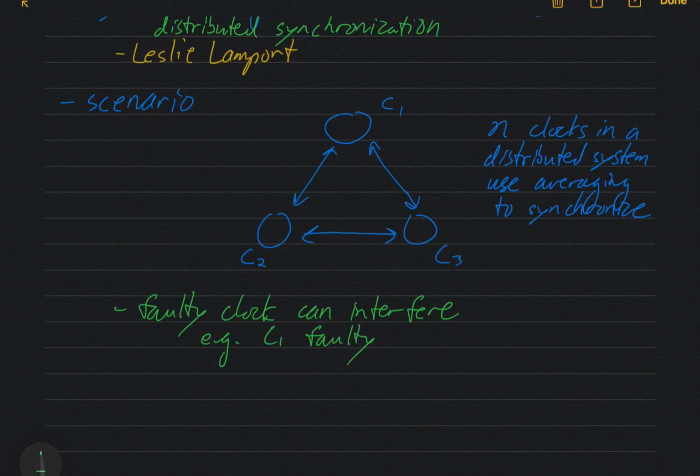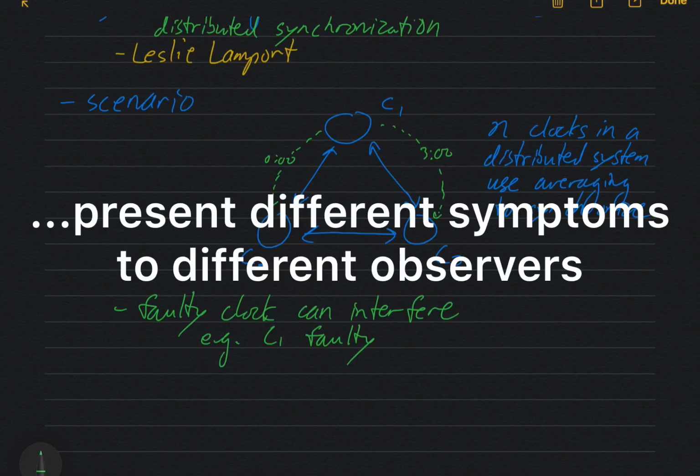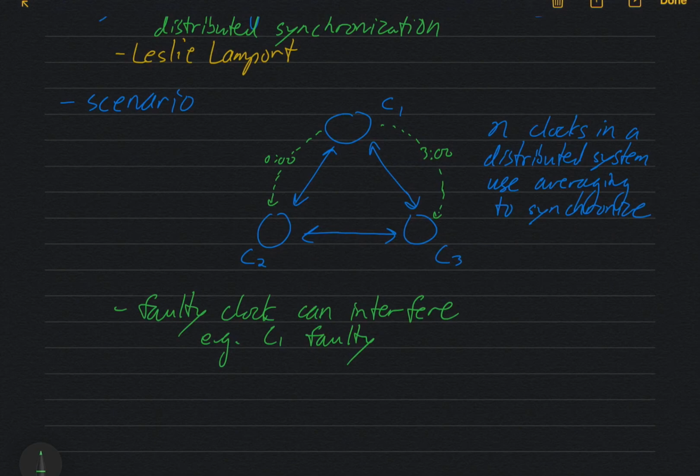Clock 1 tells clock 2 that it thinks it's 0 o'clock. Clock 1 tells clock 3 that it thinks it is 3 o'clock. That's an example of something called a Byzantine failure, where a component can fail in an unreliable way, so it can present different values to different observers. We're going to talk about Byzantine failures later. That's something else that Leslie Lamport did pioneering work in.